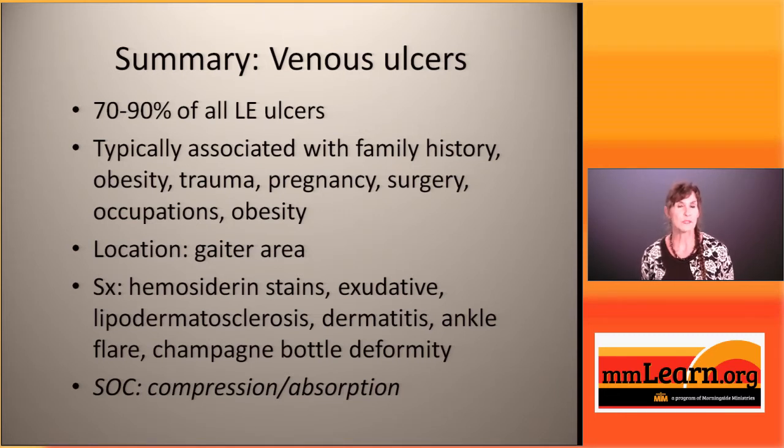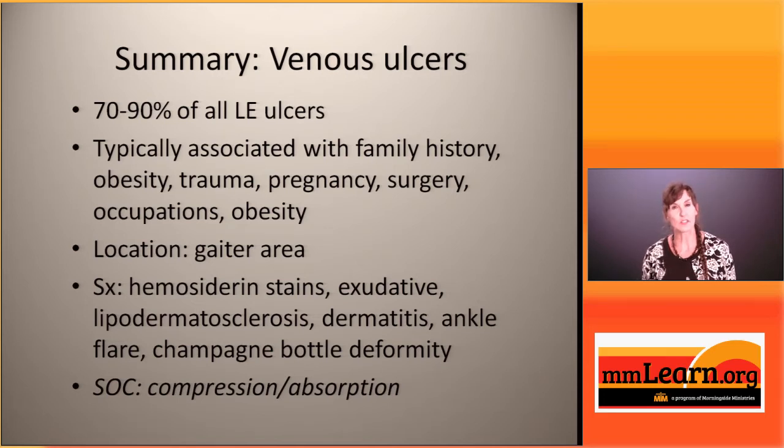And classic symptoms include hemosiderin staining, which is that dark hyperpigmentation, large amounts of exudate formation, lipodermatosclerosis, or that firm, hard, doughy feeling to the legs, dermatitis, sometimes some itching, ankle flare, which would be a flare of small blood vessels or broken capillaries around the ankle, and then champagne bottle deformity.